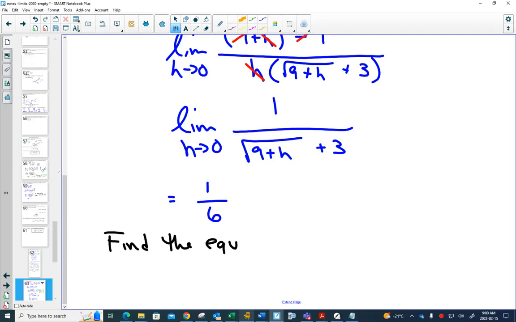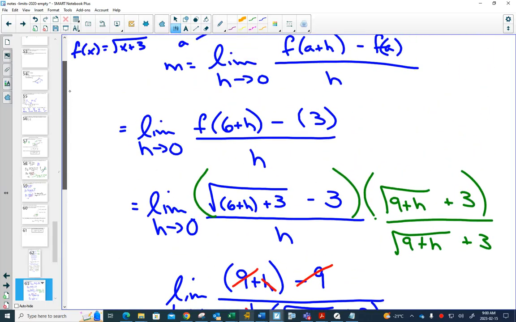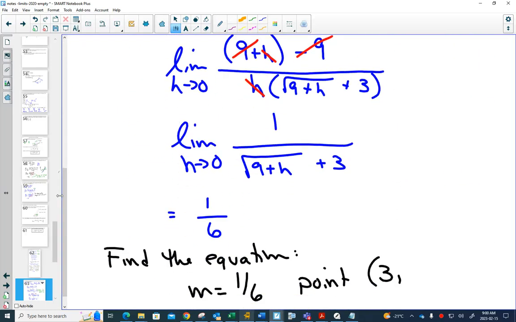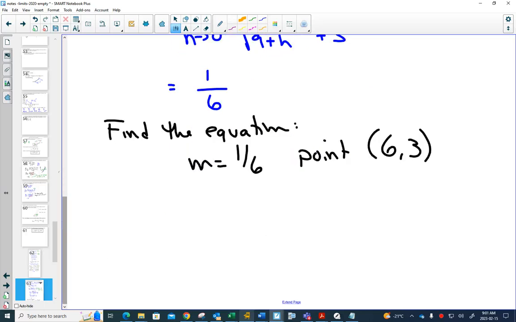The question asked us to find the equation. We need two things. We need the slope, which we have. We need a point, which was given to us as, not 3, 6 comma 3. I'll just do one of the forms this time.